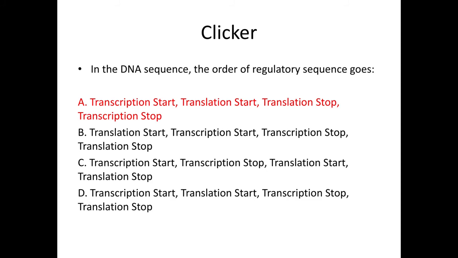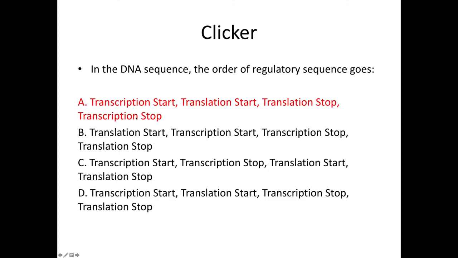Now that nucleotide sequence will be embedded in that mRNA molecule, but translation, of course, won't happen yet. And then the mRNA will continue to be transcribed, and the translation stop sequence will be transcribed inside that mRNA molecule.